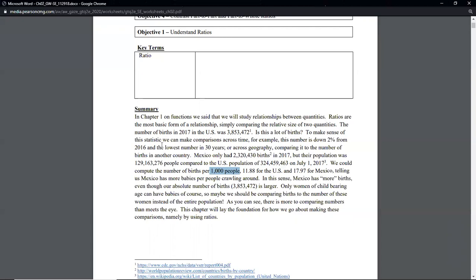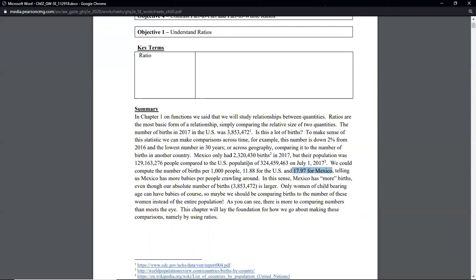So when they look at the population versus the birthing rate, specifically the birthing rate over the, I'm sorry, no, I had that right the first time. The population and the birthing rate per 1,000 people, what they get is it's about 12 births per 1,000 people in the US, but about 18 for Mexico.